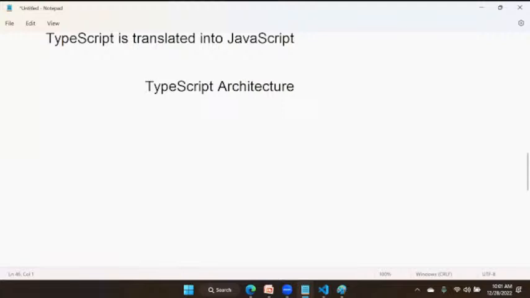First point, you understood why developers use TypeScript: to overcome the issues of JavaScript. But a very interesting point is that just 3-4 weeks back, Microsoft made a successful trial run of running TypeScript directly in the browser.